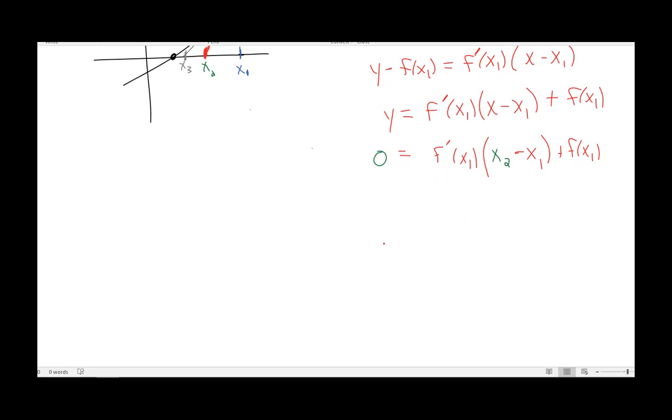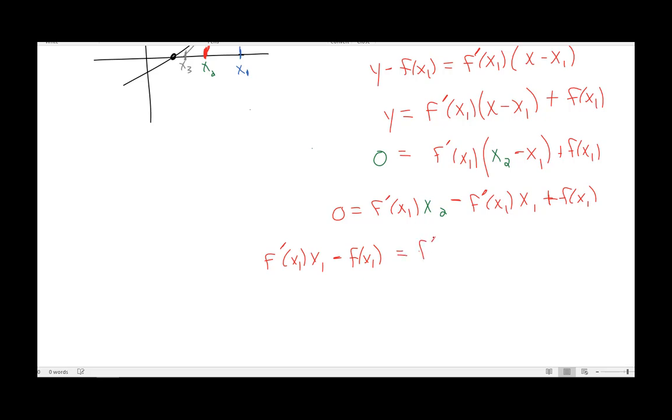I'm going to distribute the f prime, so I'll have f prime at x1 times x2, minus f prime at x1 times x1, plus f at x1. We're solving for x2 here. I'm going to add f prime at x1 times x1 to the other side, and this term needs to be brought over too, so I'm going to subtract it over.